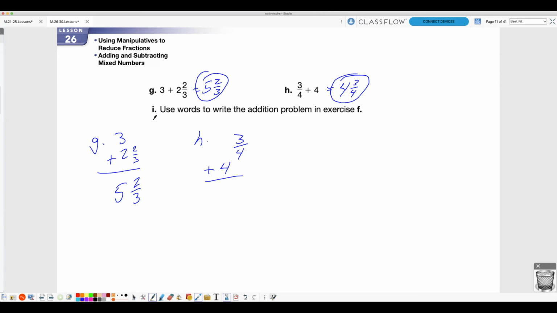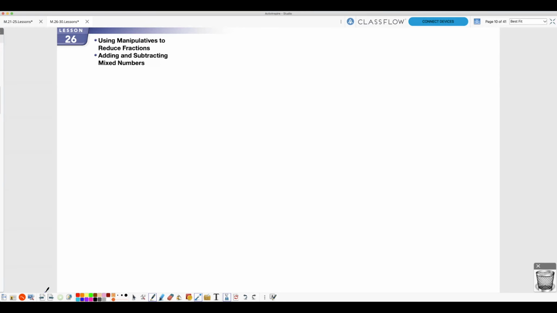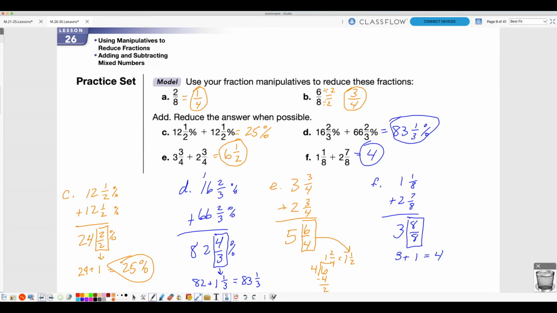And then letter I, use words to write the addition problem in exercise F. So the addition problem in exercise F was 1 1/8 plus 2 7/8.